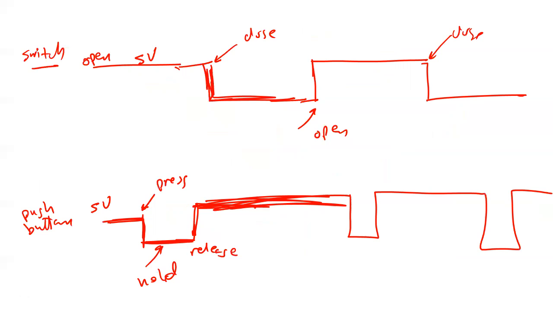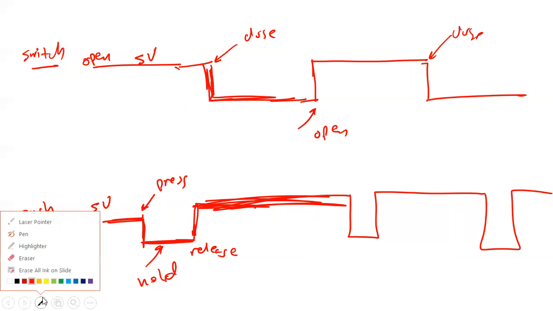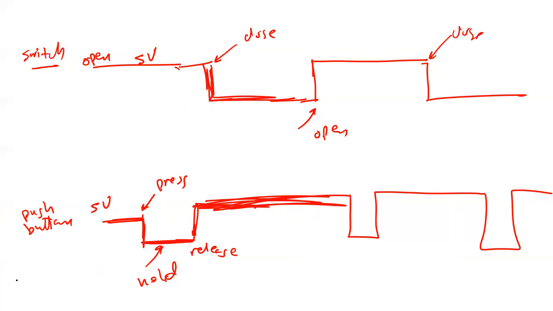Okay, guys, any question? So the question is how this can make the programming different. I'm going to tell you how. The reason is that in case of switch, I have 2 positions, open or closed.